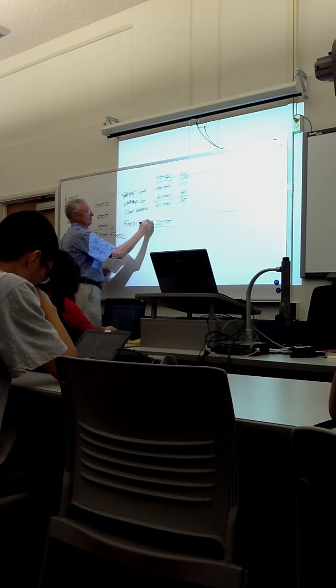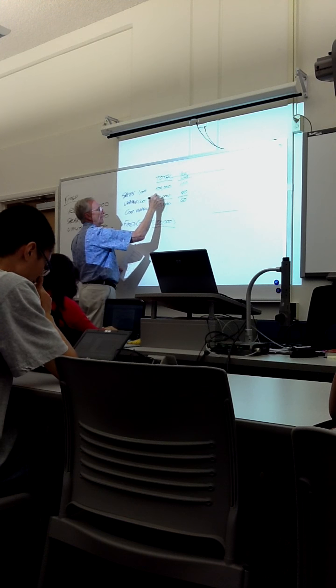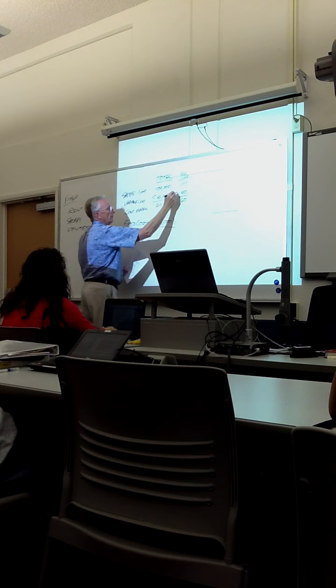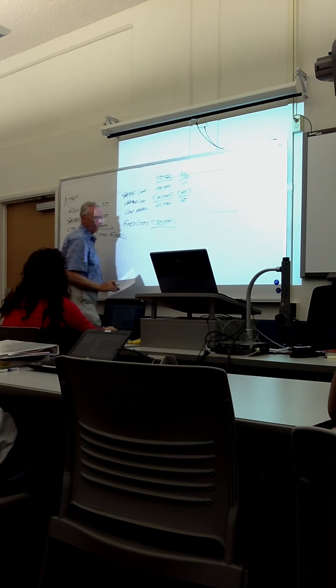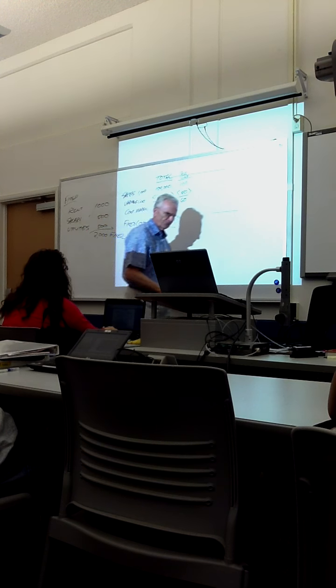So I'm going to put a bracket here because there are deductions. What's our net operating income? Net operating income is going to be 10,000, right? Everybody with me on that?